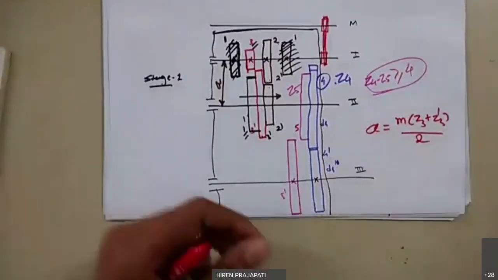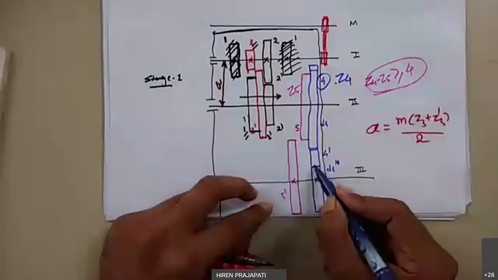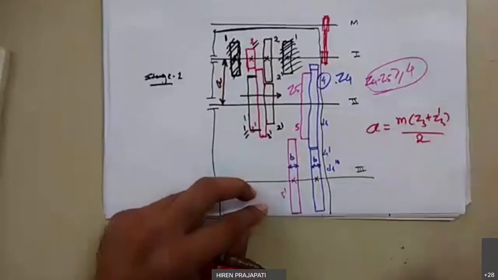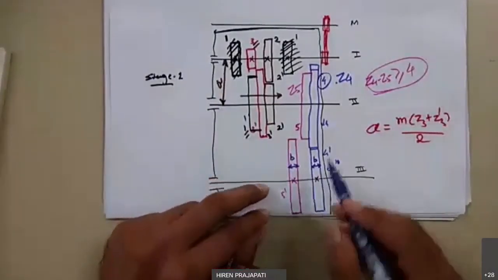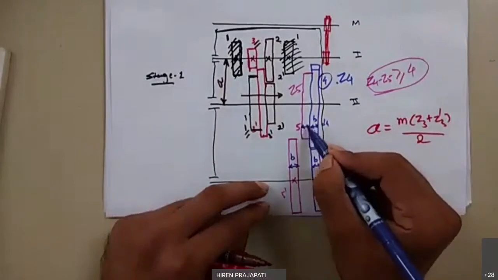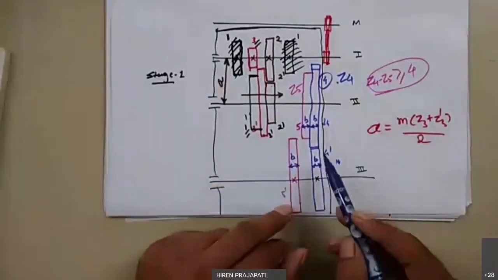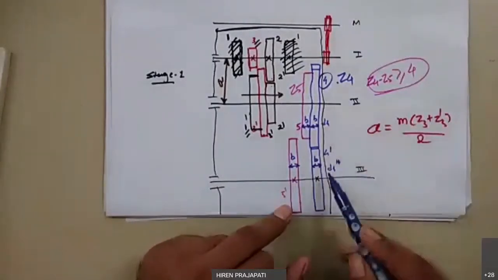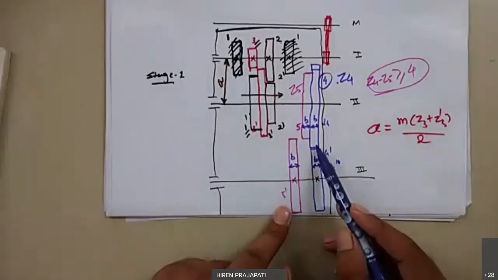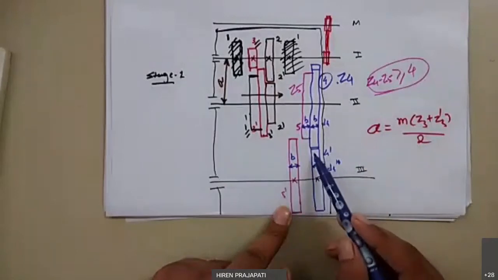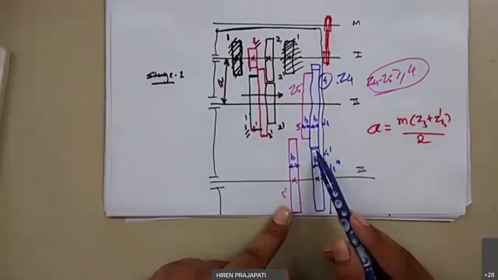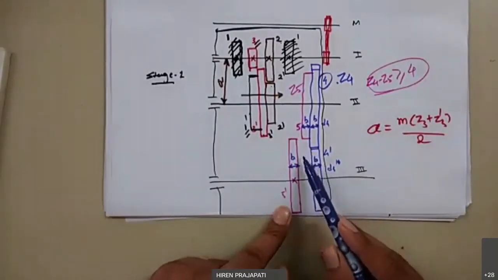Suppose the width of both the gears is B. When you disengage 4 and 4 dash and try to engage 5 and 5 dash, then when 5 and 5 dash start engaging, 4 and 4 dash should be disengaged completely.